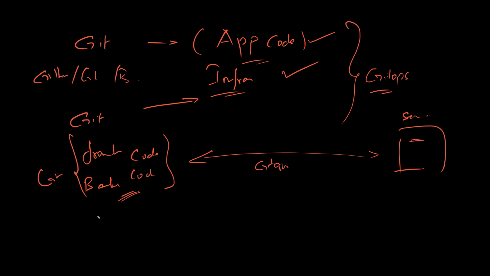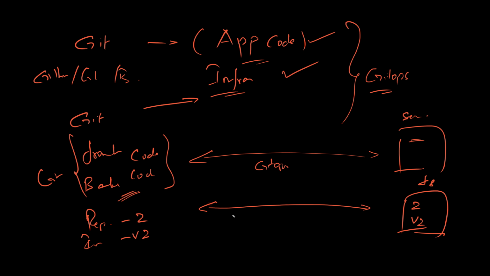If you know Kubernetes, then if the replica count of a deployment is 2 and the image tag is v2 and the same thing is there in the Kubernetes cluster, then it is following GitOps methodology.